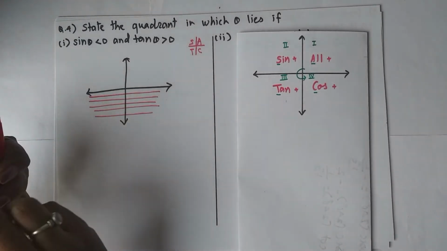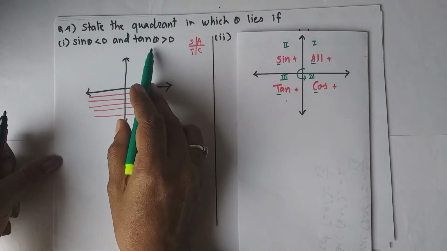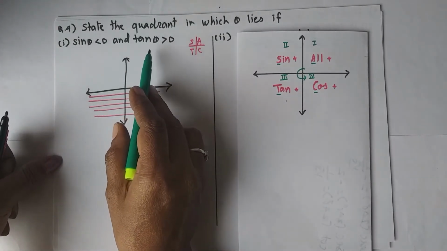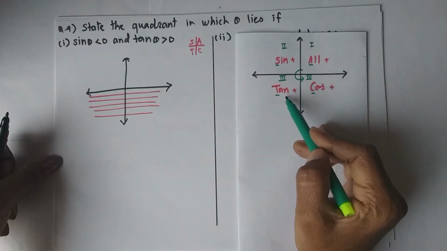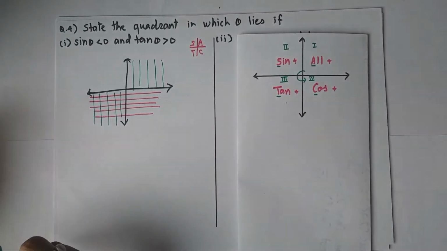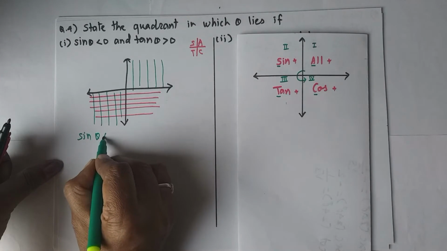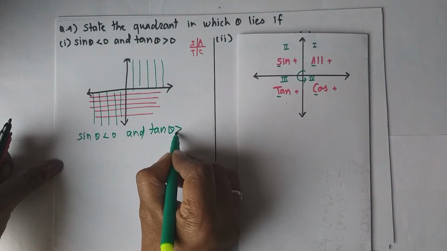Now what is next given? Here tan theta greater than 0. Tan theta greater than 0 means tan theta is positive. Where is tan theta positive? In the first and third quadrant tan theta is positive. Now what is the area common to both, sin theta less than 0 and tan theta greater than 0?